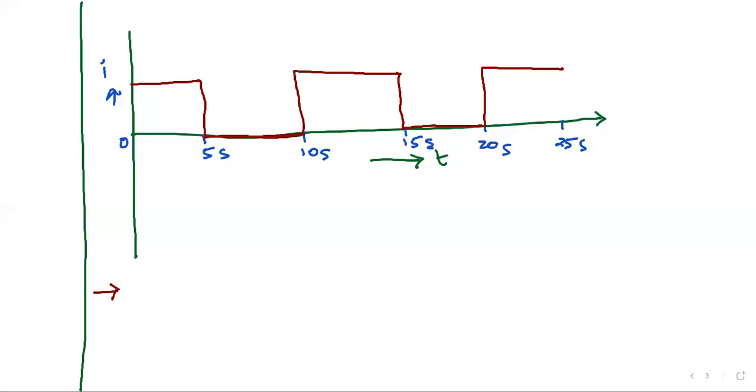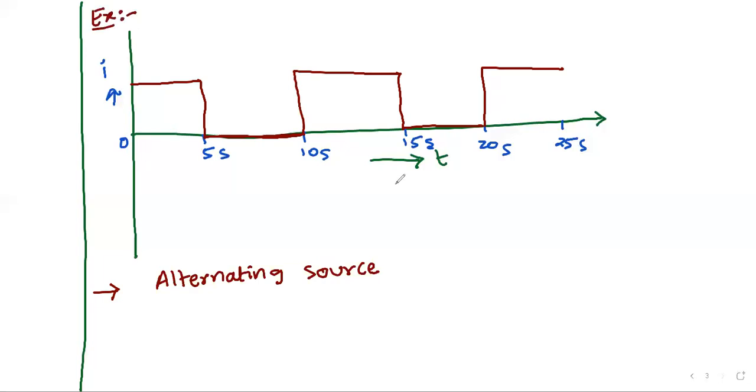If the current flowing through a conductor changes periodically with respect to time, it can be called an alternating source.